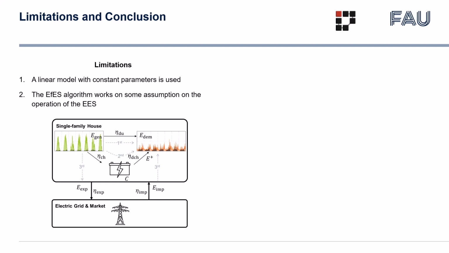Obviously, there are some limitations to this algorithm. The main one comes from the linear model with constant parameters that is used. Sometimes constant parameters are hard to come by, sometimes they are not. Most of the time, system parameters in technical sheets are reported as constant parameters because many providers don't want to hassle with curves.